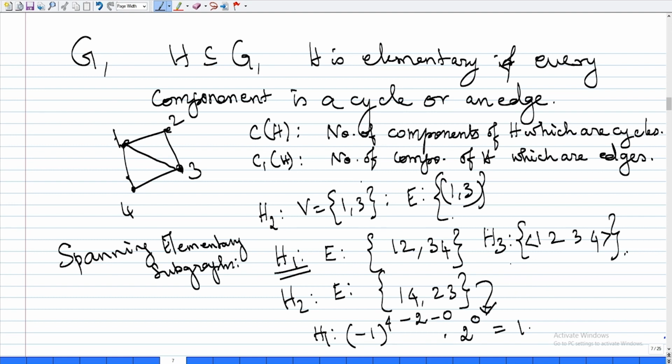What about H3? Minus 1 to the power of 4 minus 0, there is only one cycle, so 4 minus 1, into 2 power 1, which is going to be equal to minus 2. If you look at the determinant, it is going to be nothing but 1 plus 1 minus 2, because we have 2 times. I will just go to the next page so it would be clear.